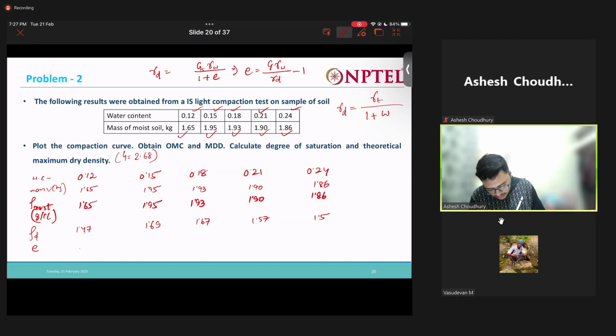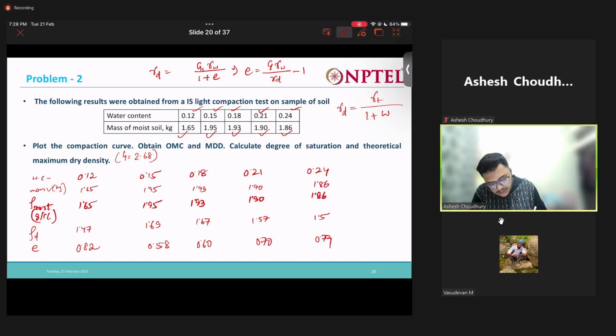It will be 0.82. Like this you can obtain all the void ratios.